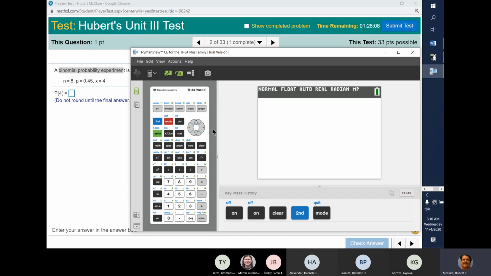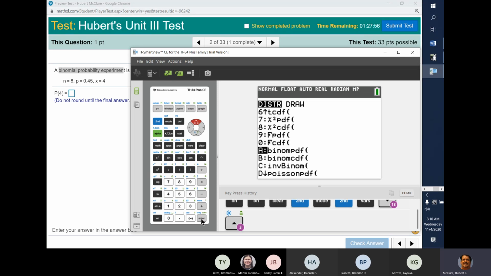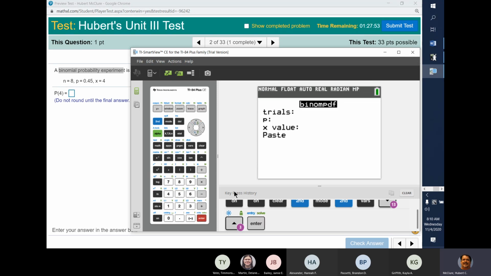So anyway, on this one, you hit 2nd, VARS, go down to binomial. This one is precise because it's equal to, so we're going to do PDF. The number of trials is 8, p is 0.45, and x is 4.